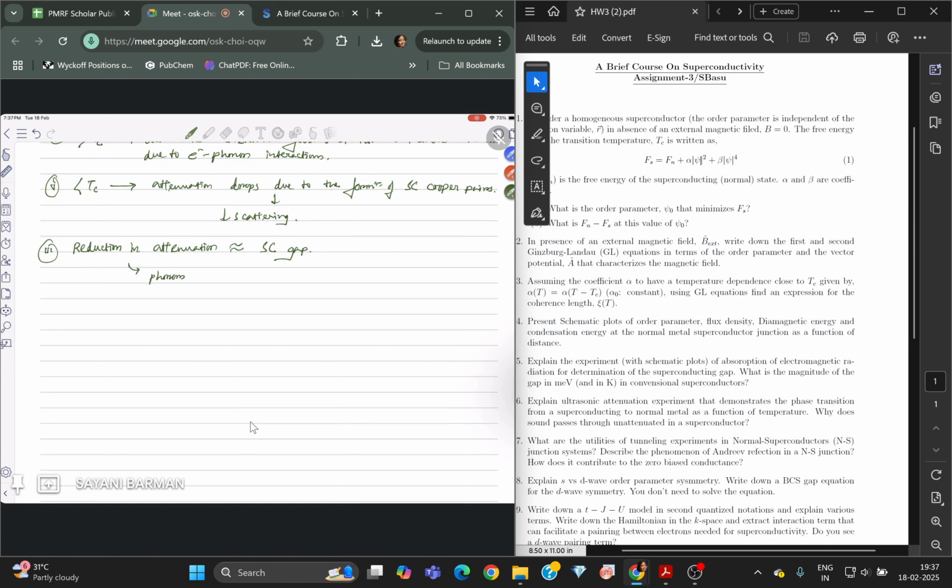Phonons with energy below 2 delta can't break Cooper pairs, leading to a transparent medium of ultrasonic waves.